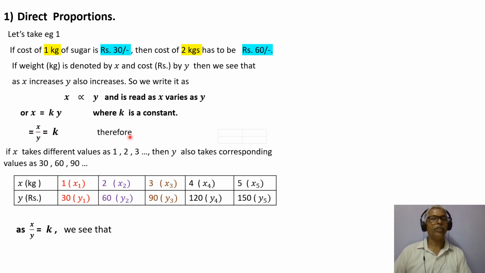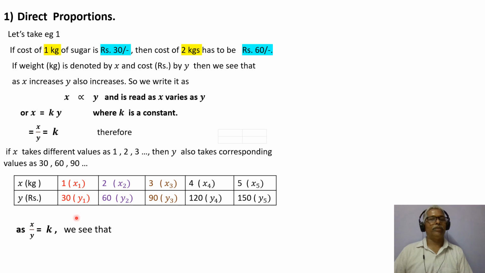Okay, so this is the equation for direct proportions. Therefore if x takes different values as 1, 2, 3, then y will also take corresponding values as 30, 60, 90, etc. Okay, so we have developed a table here where x and y vary according to this statement.